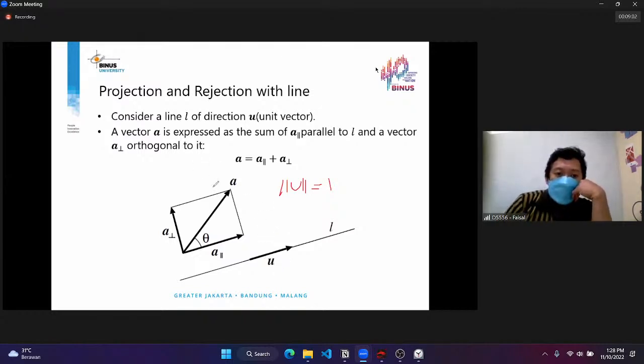So this is a vector which is parallel with the line L, and the norm of U is equal to 1.